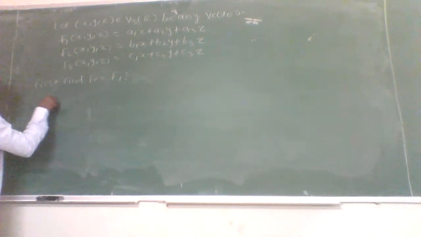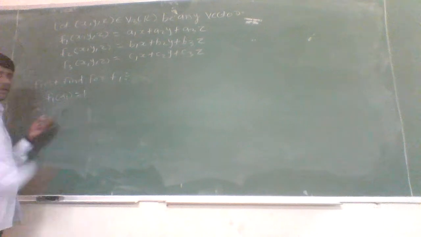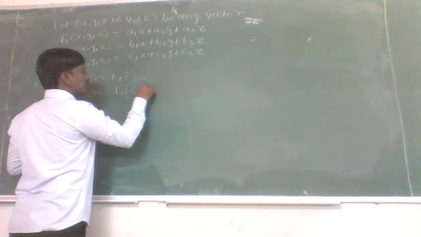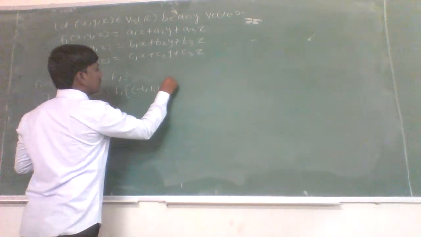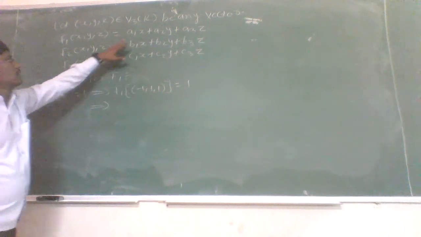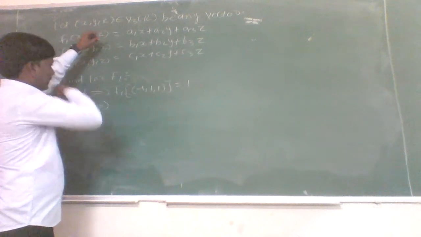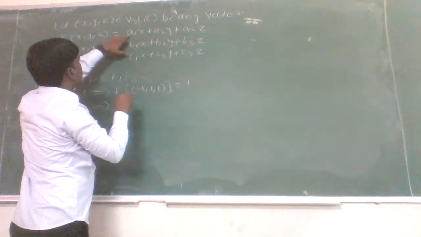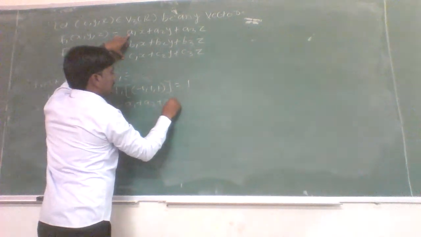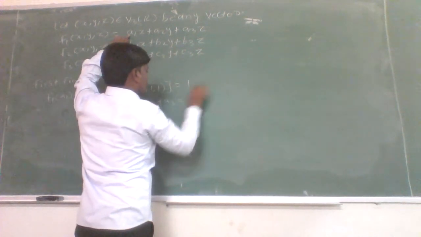As we have f1 of alpha 1 equal to 1, and alpha 1 is nothing but (-1, 1, 1), put these values in the first one, we get minus a1 plus a2 plus a3 is equal to 1.